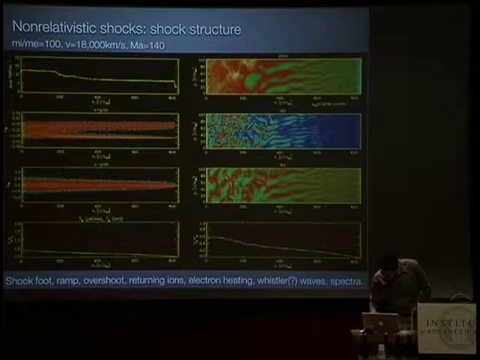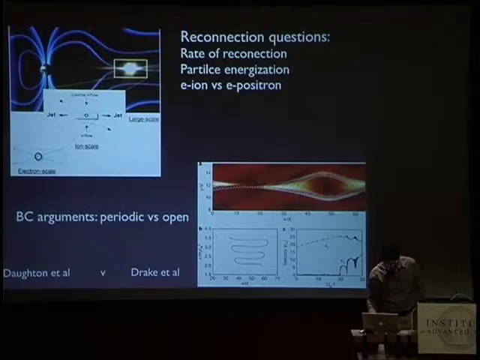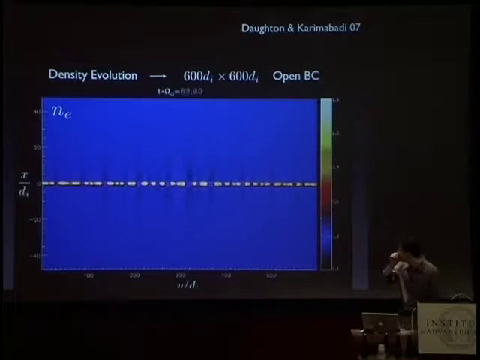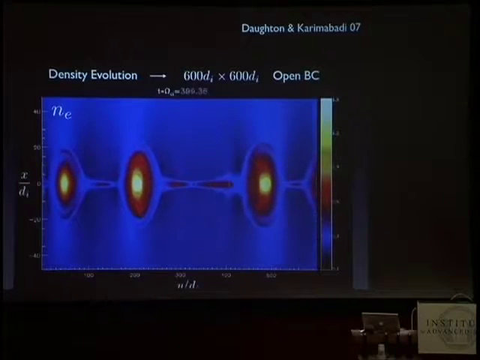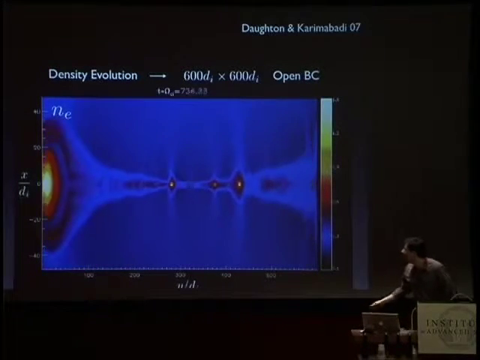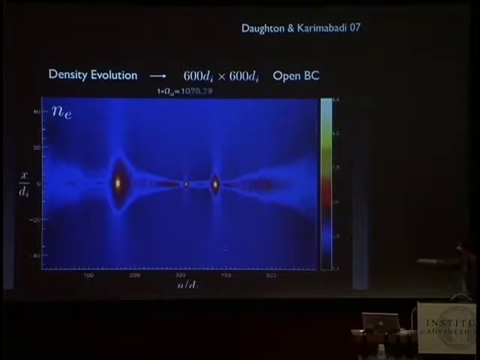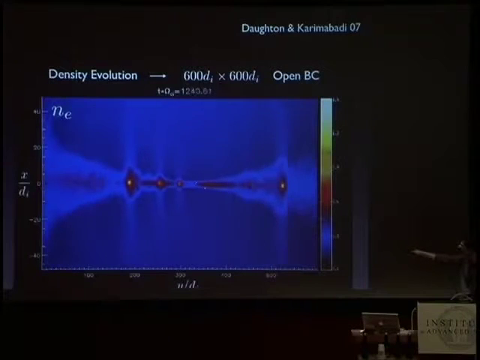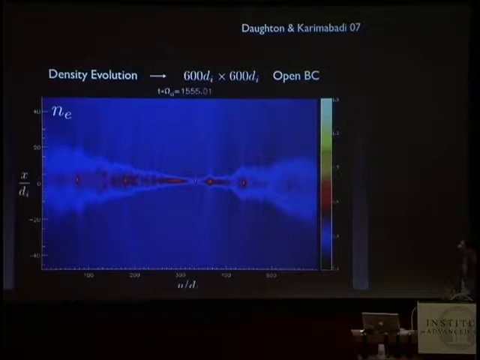There's also applications to reconnection, and I will not be able to do much justice to reconnection here, but all I'm going to show you is a simulation from Bill Daughton, where you're seeing the density in the reconnection region, and the magnetic field is coming in like this into the reconnection region. What you see here is reconnection happening here, and the jets of material flying out in the reconnection region.